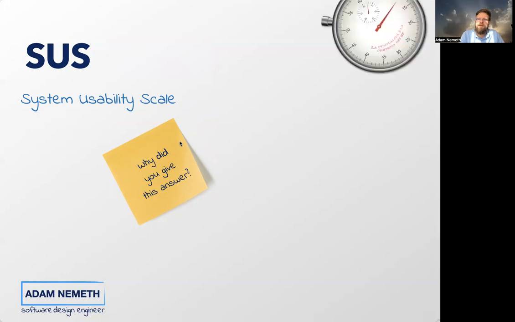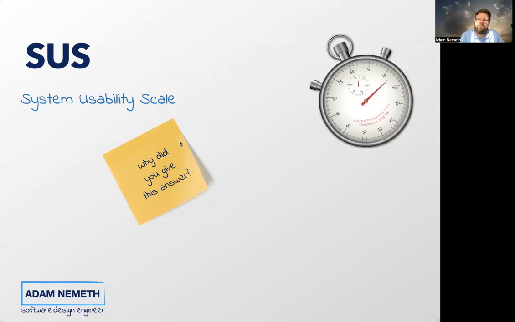We didn't know why, but we found out, because in order to understand what service they wanted to get, we added another question: why did you give this answer? And it turns out that most people complained about the trains being late. And of course, the ticket vending machines couldn't do anything about the trains being late. But still, for the user, the whole experience is defined as the service.